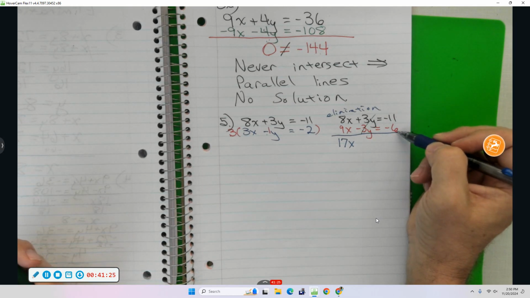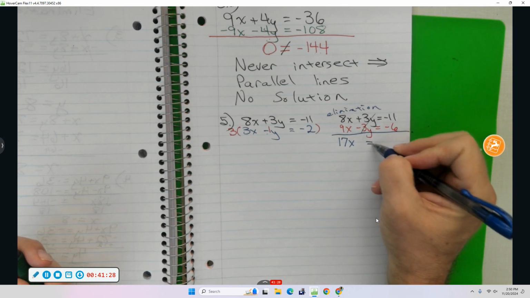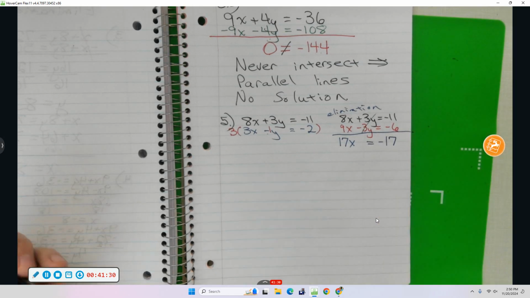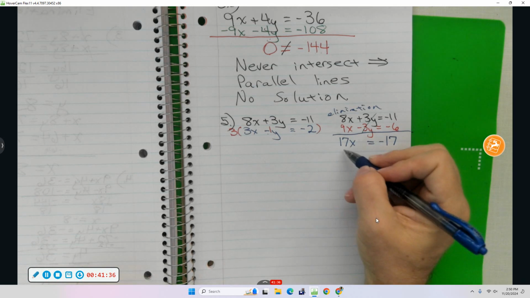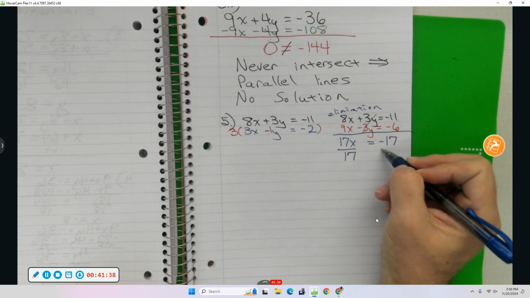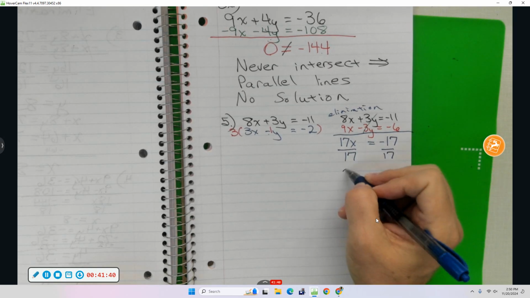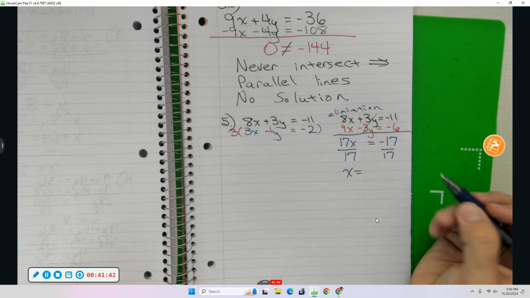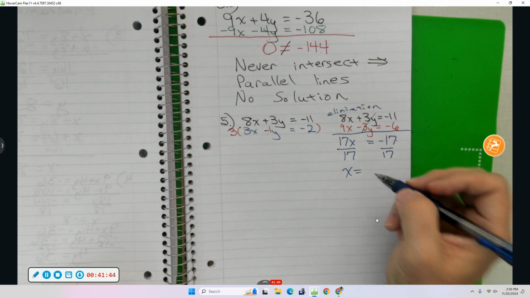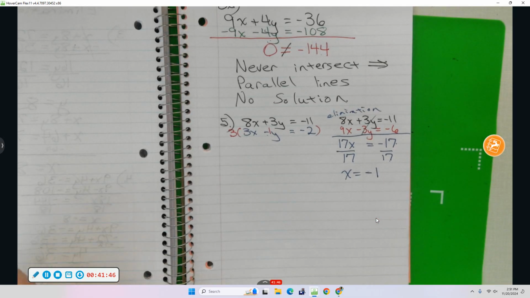Negative 11 plus negative 6 gives me a negative 17. Oh, this works out very nicely. Divide both sides by 17 to give me x equals negative 17 divided by 17, which is negative 1.